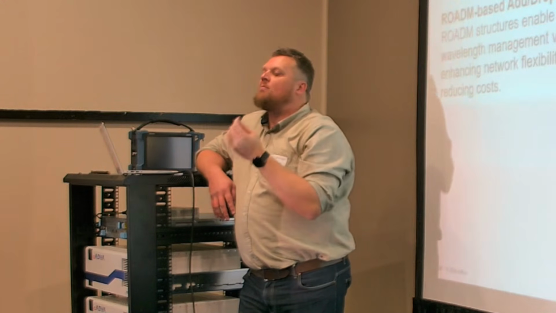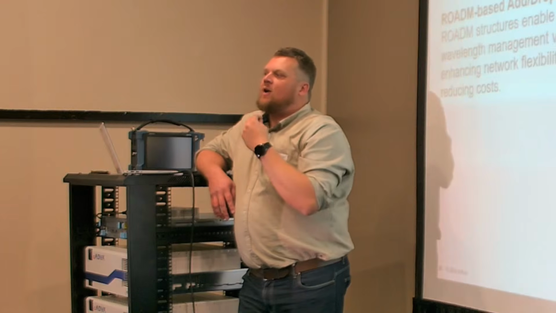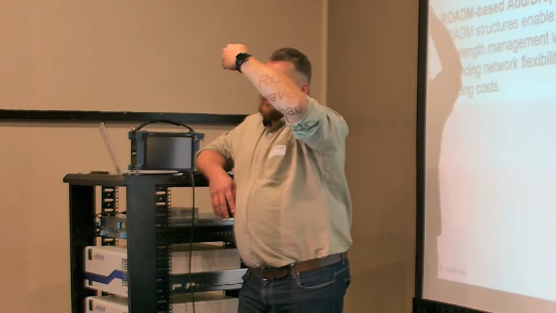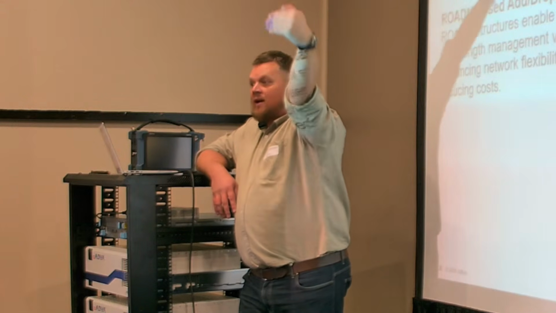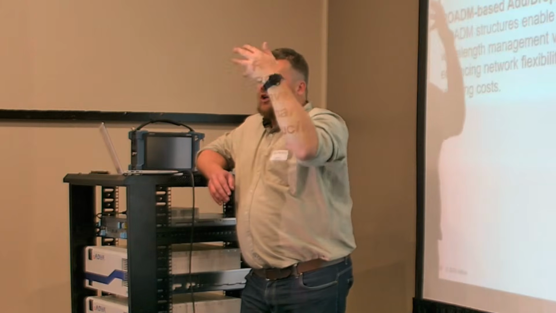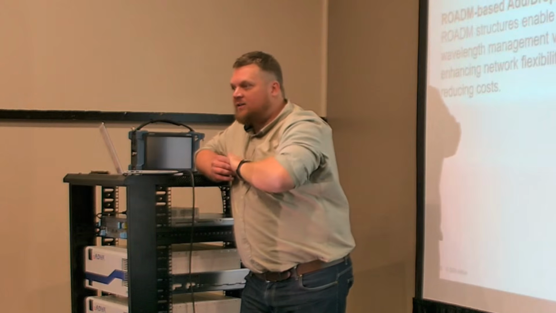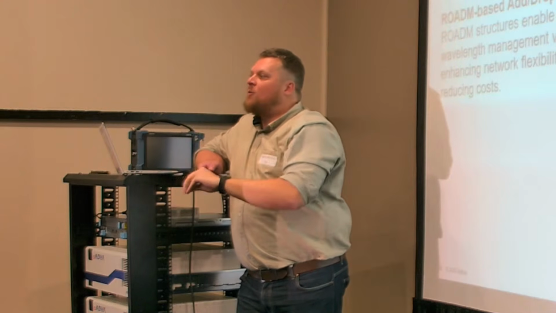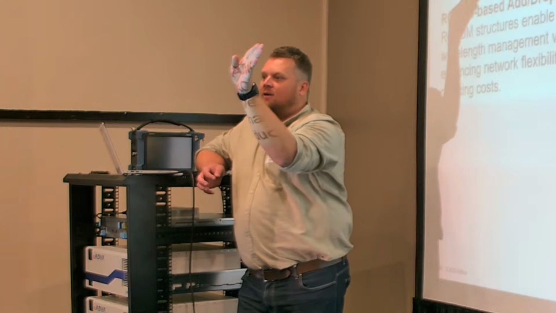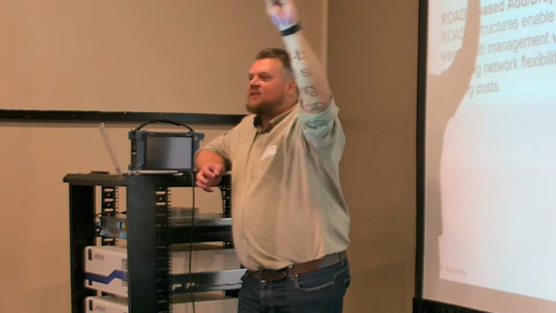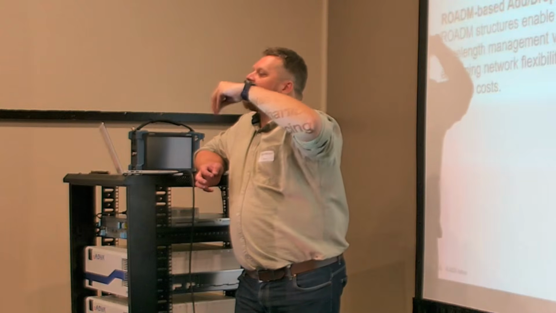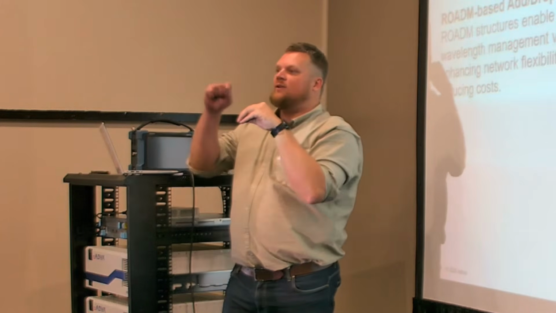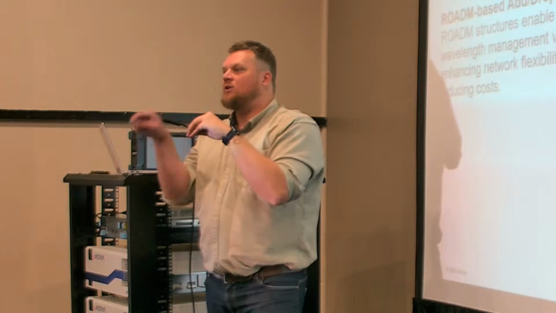Then you get what is called broadcast and select. What it does is, whatever comes in from the line side, the network side, to the client side, it's got a splitter on there, and it will just split that signal to 4 different directions, and then the drop component has to decide how to isolate the signal. And when the signal leaves the system, the WSS sits on the client to network side, and that decides if this frequency is a pass-through frequency or an add frequency.